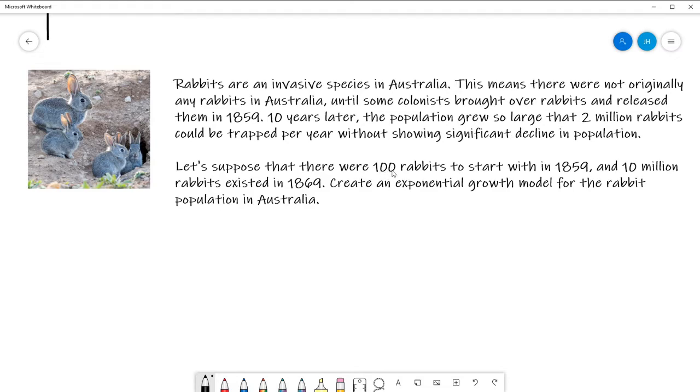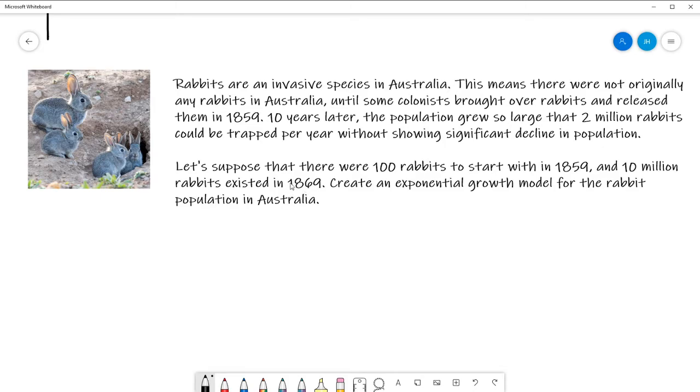They thought it'd be fun to have rabbits in the wild like back in England so that they can hunt them. So we start with 100 rabbits in 1859. And then let's say that there's 10 million rabbits in 1869. That way a decrease in population of 2 million doesn't really get noticed as much, right? We want to create an exponential growth model for the rabbit population in Australia.